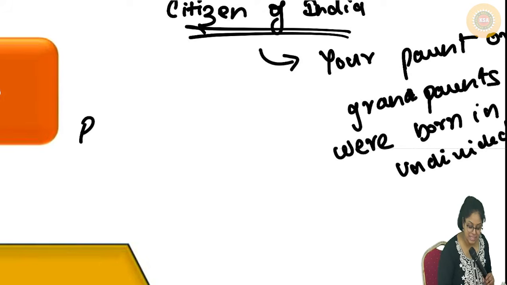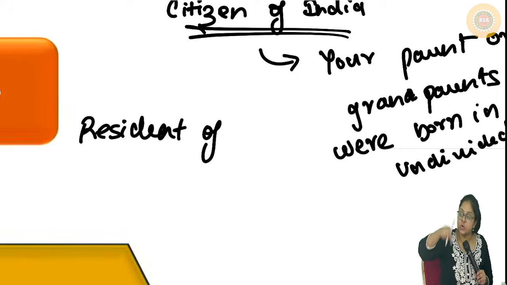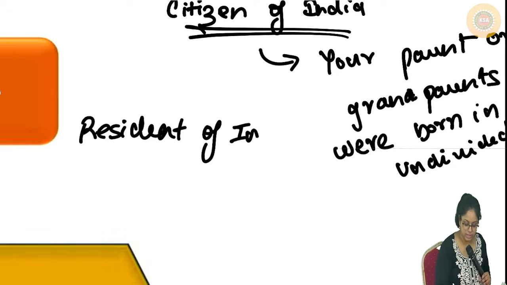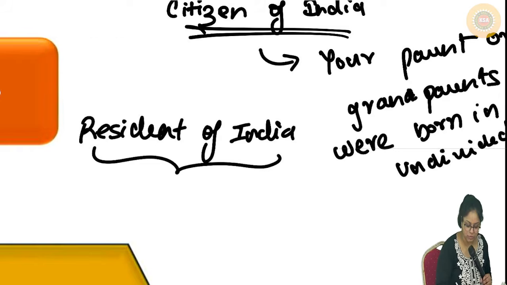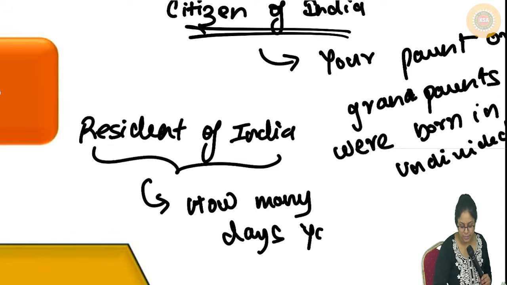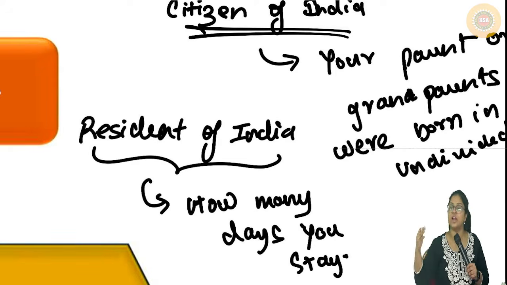But residence status depends on how many days you stayed in India in the preceding financial year. If I say you are a resident of India, that depends on how many days you stayed during the previous financial year. For example, you would have seen in movies, some people we call NRI, right?